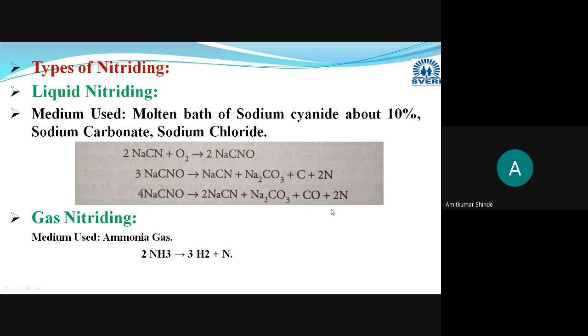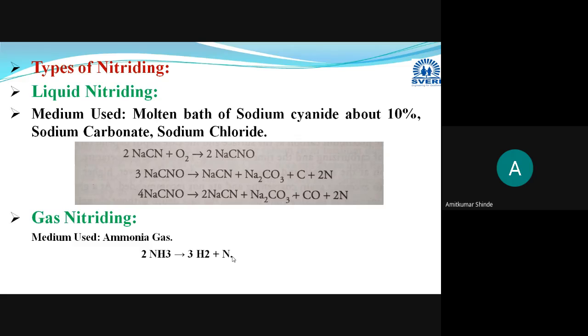Atomic nitrogen must be there, which means you have to use a source which will provide it at the end. Suppose we use an ammonia source; at the end it will provide atomic nitrogen. If molecular nitrogen is there, then diffusion of that molecular nitrogen does not take place into the steel. That's why we use a source which provides atomic nitrogen. This is a very important point.